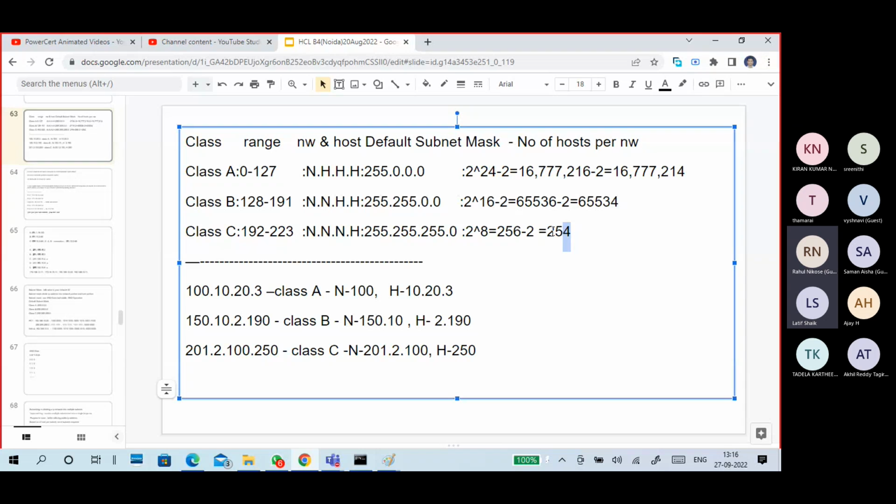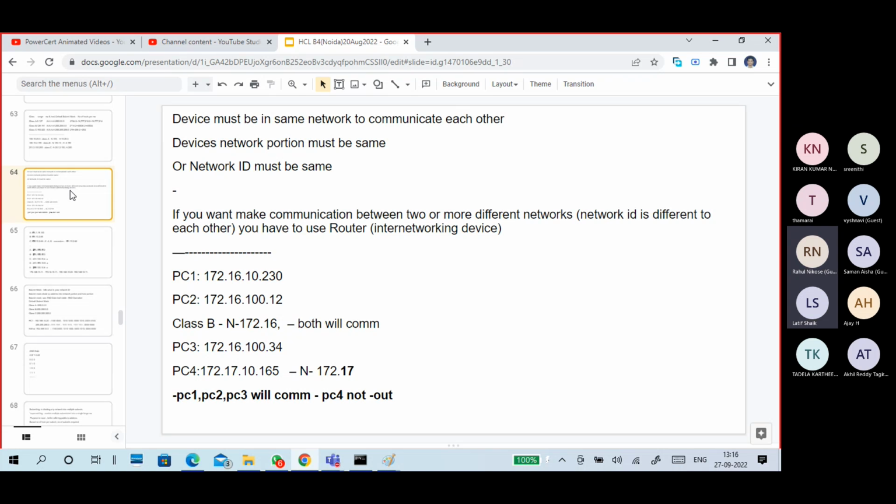For example, if I divide the same class C network into four parts, each part will get 62 hosts. So the number of hosts per network changes. The network size is smaller, but we have divided one single network into multiple networks.